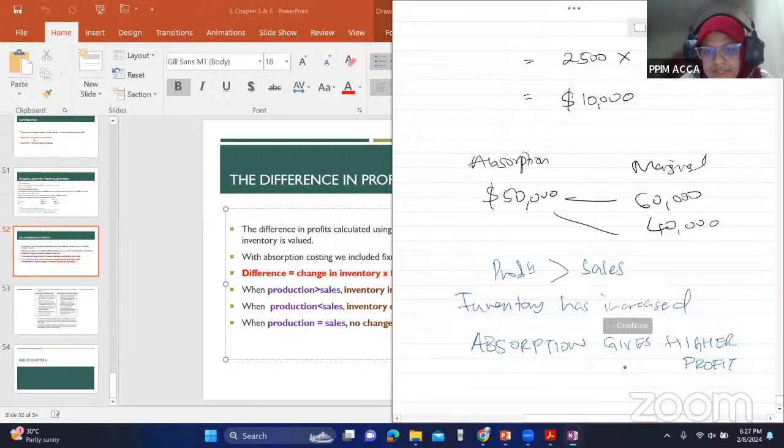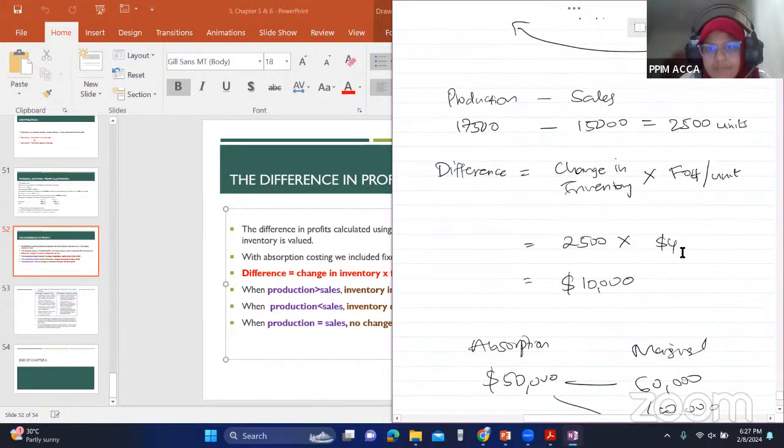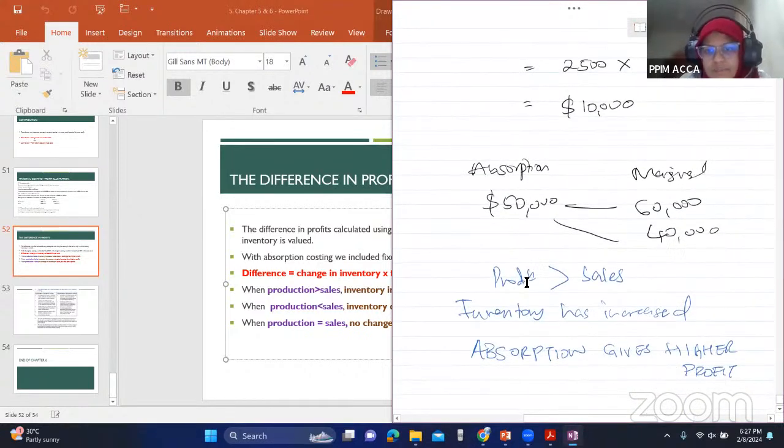So this is the working. We just wanted the difference. So we got that by calculating the change in inventory times the fixed overhead per unit. And then we try to figure out what happened to inventory. Production was greater than sales, so inventory has increased. Absorption should give the higher profit.